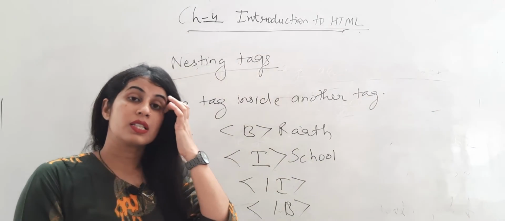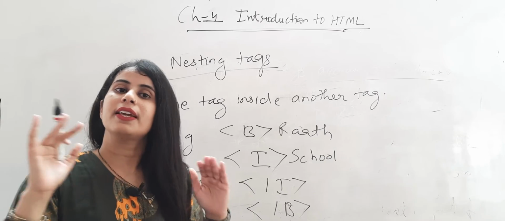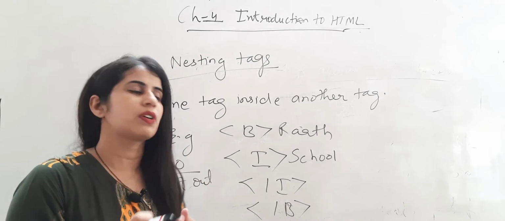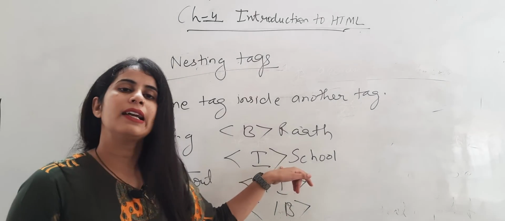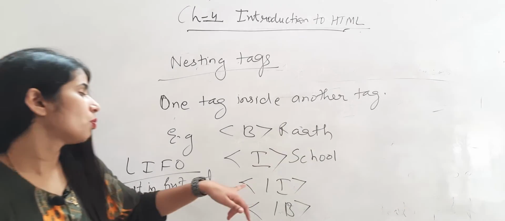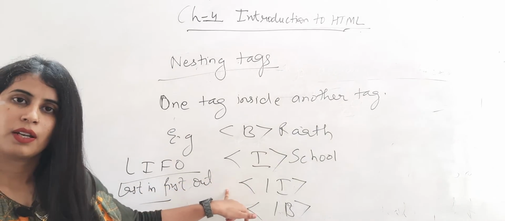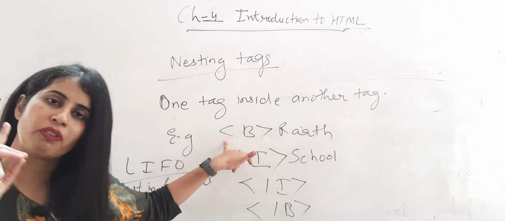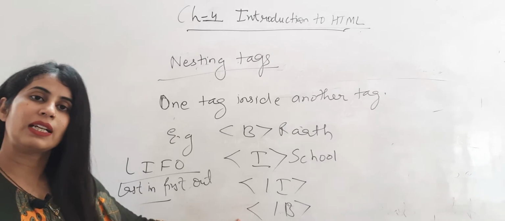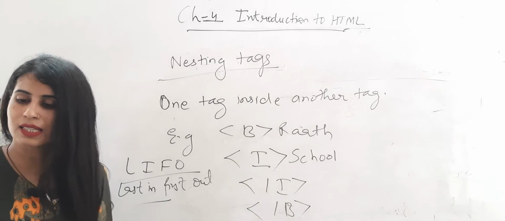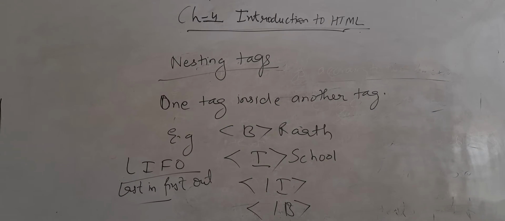The last tag that we have used should be closed first. Secondly I started the I tag, so I closed it first. And the B tag I started very first, and I am closing it at last. So this is known as the LIFO principle.